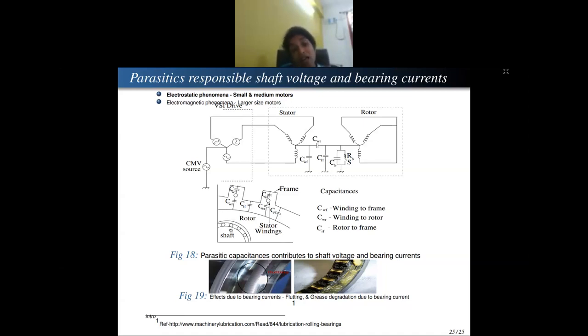Apart from that, our motor is fed from the inverter, so high frequency noises also will come in, and this will give a lot of currents through the parasitic capacitive paths. Depending on your grounding, this will be higher.